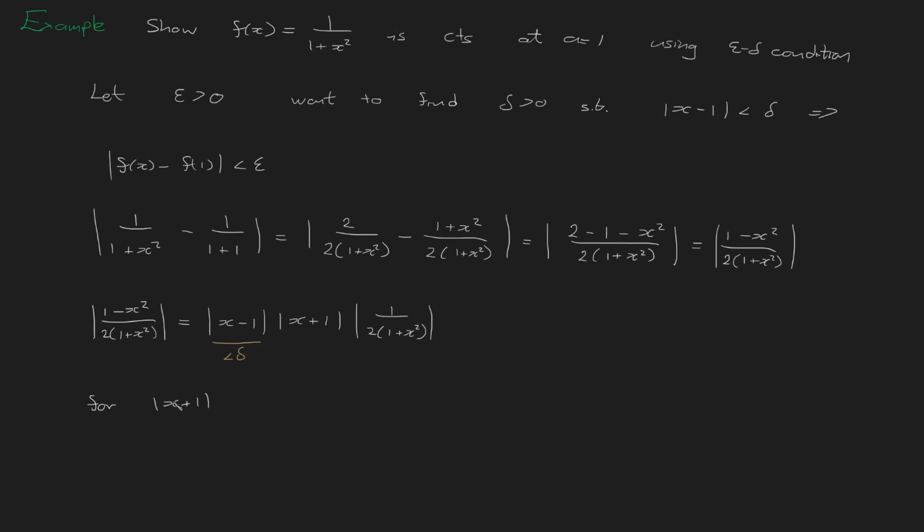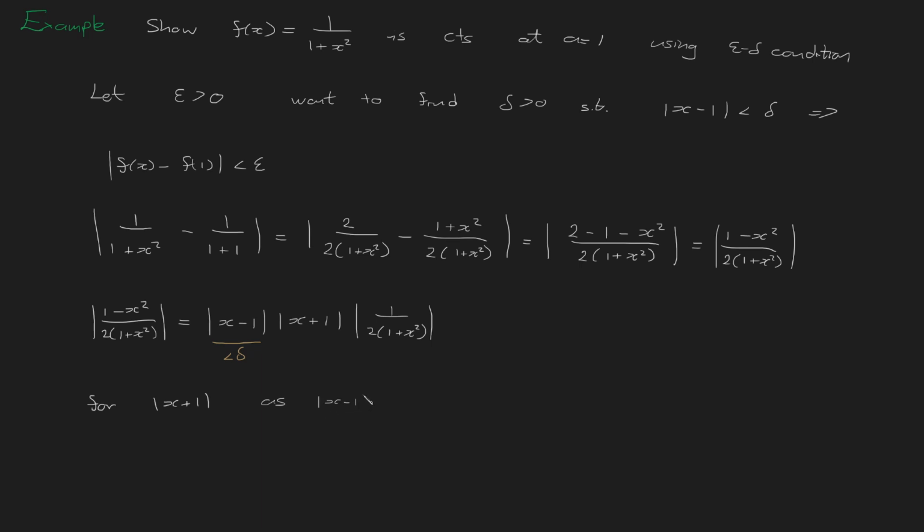In the first case, this x plus 1 factor, as x is getting close to 1, as |x - 1| is less than delta, x lies essentially within delta of 1. So it's 1 minus delta up to 1 plus delta. If I do something similar to before, take delta to be 1, then this will lie somewhere between 1 and 3. Let me just write that down in detail.